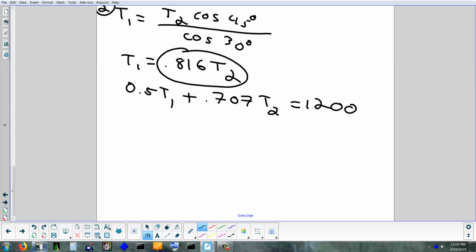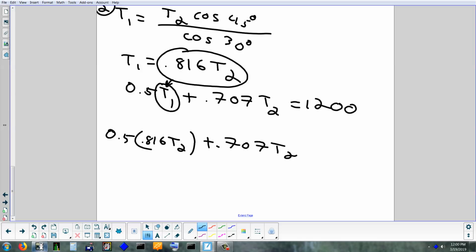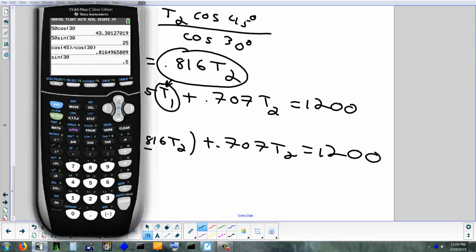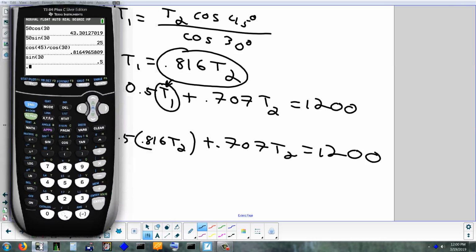Can you substitute the T1 in for the T1 in the other equation? Substitute that in. So you're going to have 0.5 times 0.816, plus 0.707 T2 equals 1200. Again, the numbers are awful, but I'm not worried about doing it by hand.